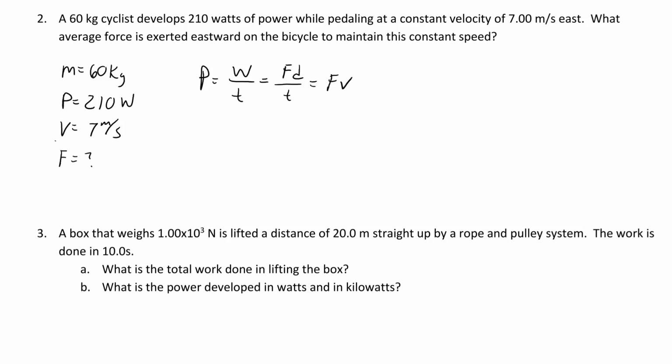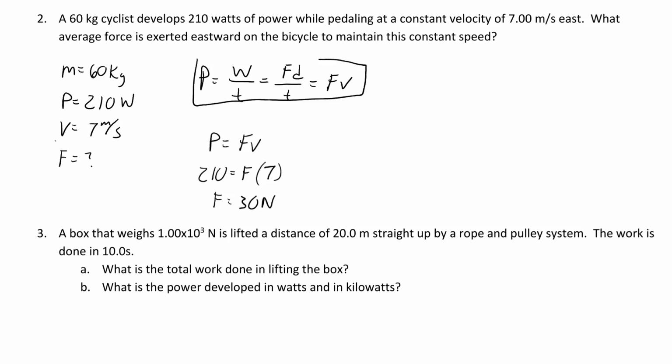So we actually have 3 equations that we could use for power. Now in this case, they give you the velocity and the power, and they're asking for the force. So I'm going to use P is equal to FV. The power is equal to the force times the velocity, and the force is equal to 30 newtons.